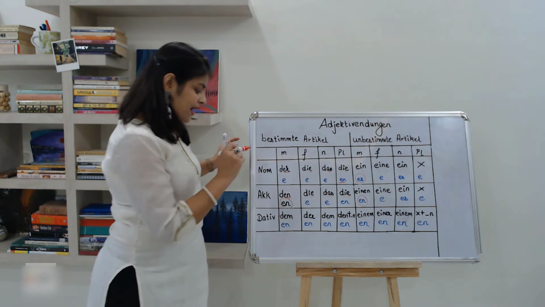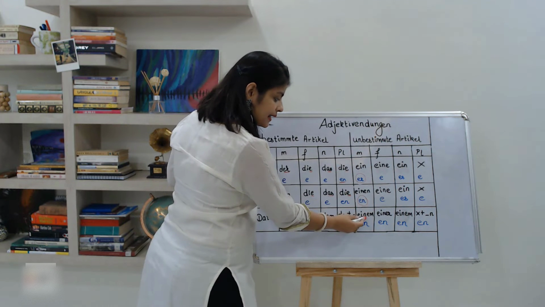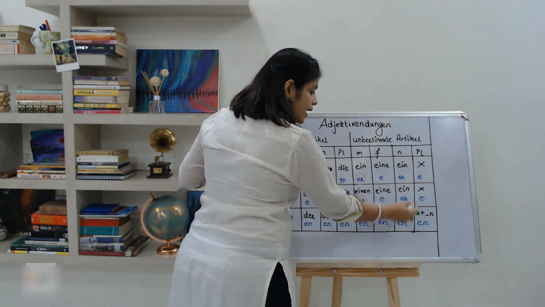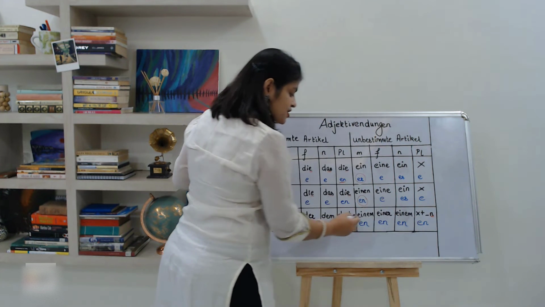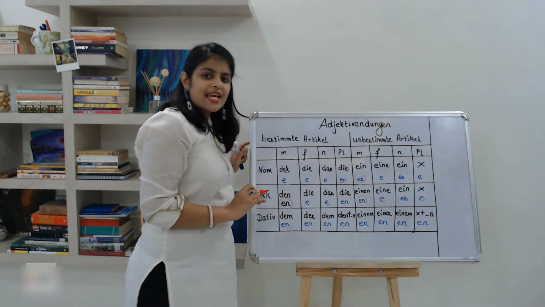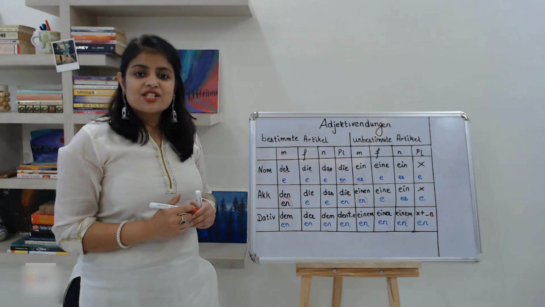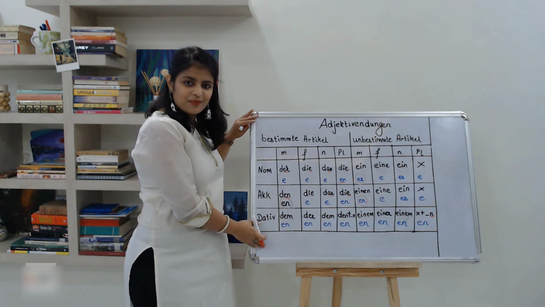Und gleicherweise hier Dativ unbestimmter Artikel, maskulin ist einem, feminin einer, Neutrum einem, Plural nix plus n, means nothing plus n. And adjective ending is also over here en, en, en and en. So in order to understand the adjective endings, you have to first of all remember this table.